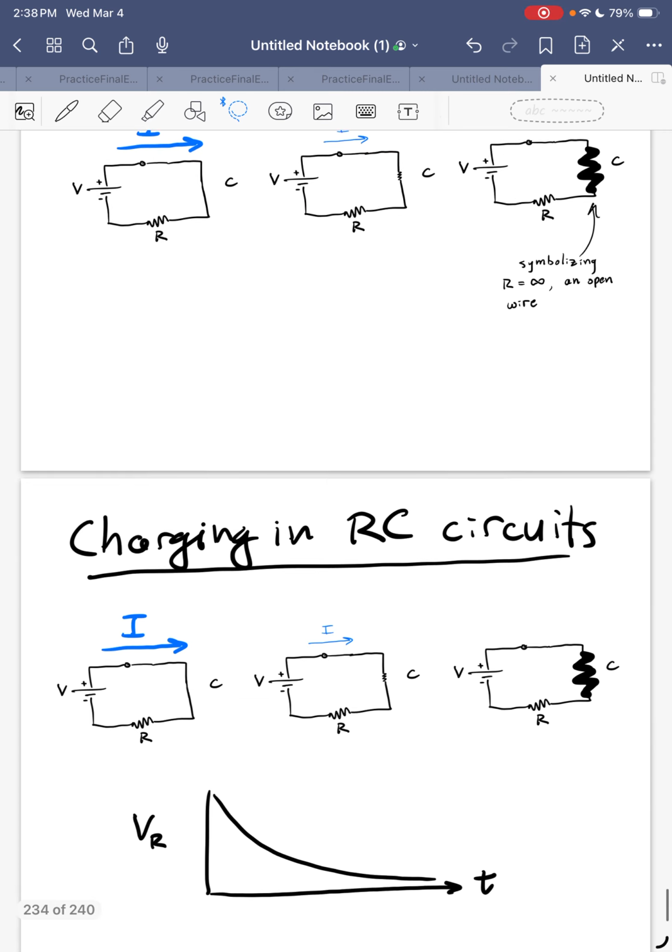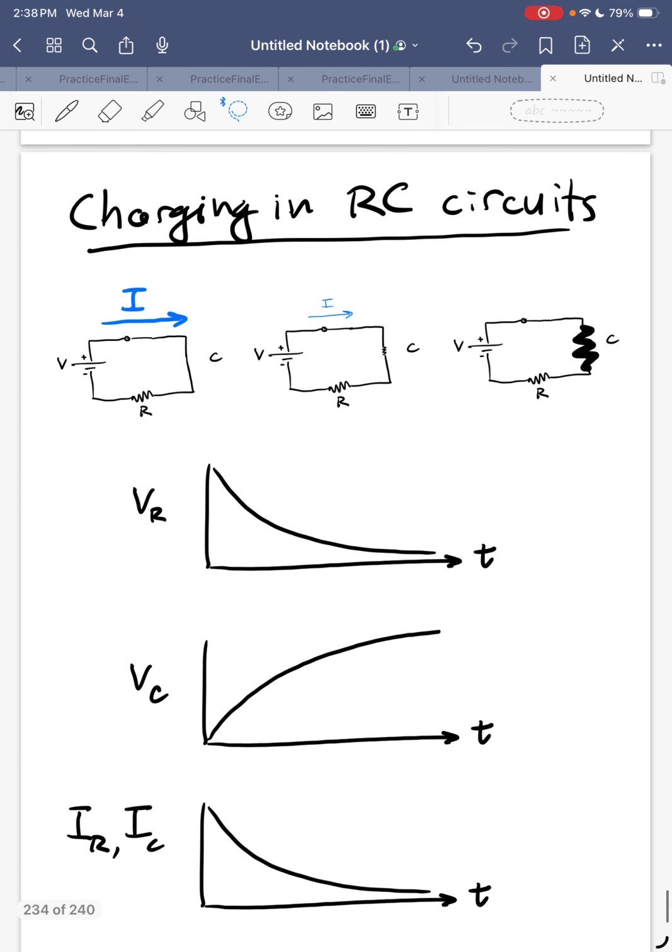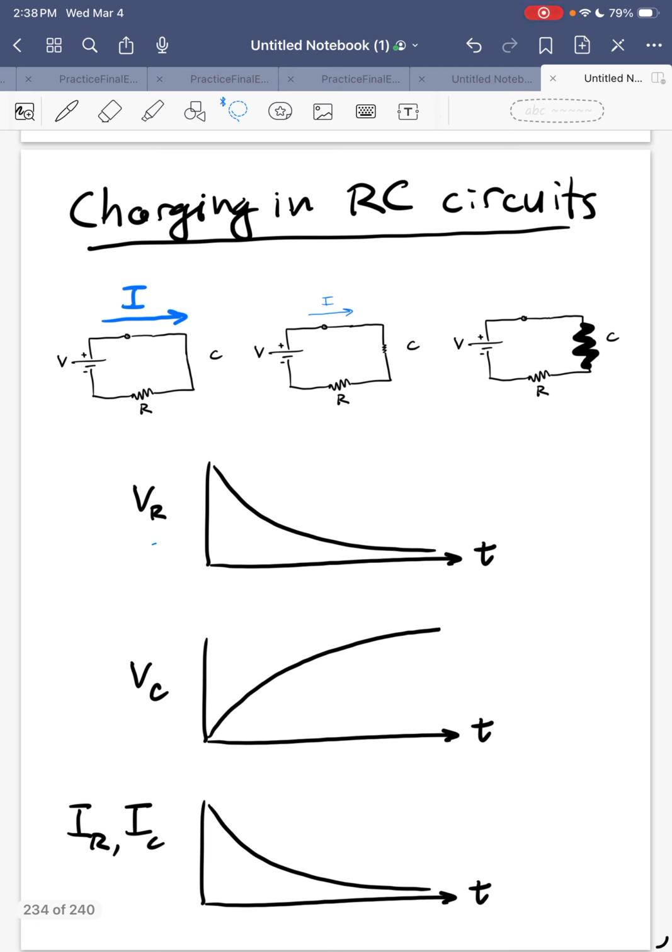Now over time, we can plot these things. So the voltage across the resistor at the beginning is large because the current just flows around from the capacitor through the resistor. And as it flows through the resistor, the voltage is large. So it's that full current times that resistance that gives us the voltage drop across the resistor. And so it starts out at a pretty high value up there.